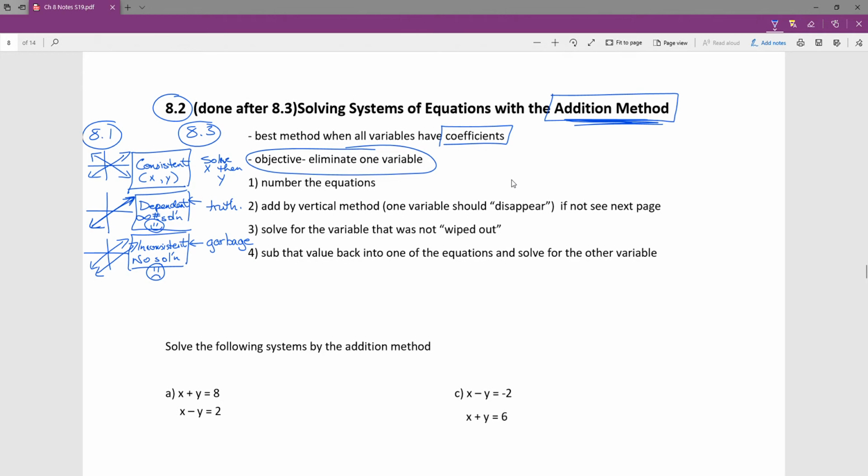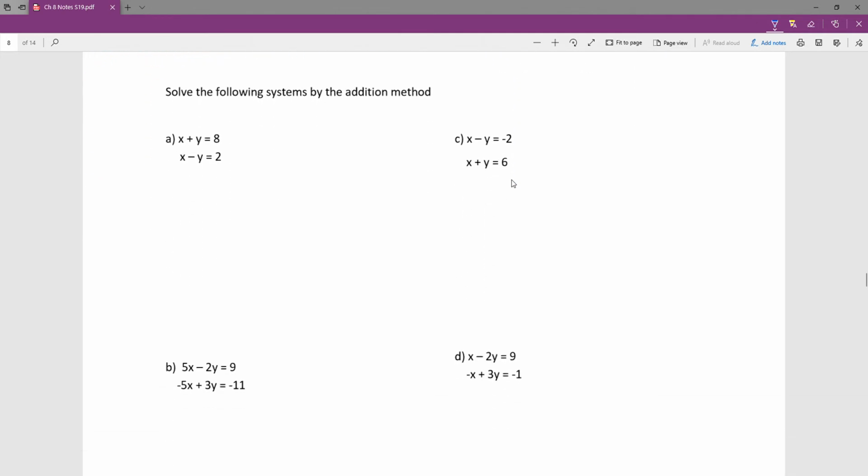We're going to start by numbering the equations, which we've done before, and then you're going to add with the vertical method. If you remember that back from when we did the polynomials chapter, the idea is that one variable should disappear like magic. Again, it's easier for me to show you as opposed to tell you. It might be worth putting your own words or annotating one of these examples.